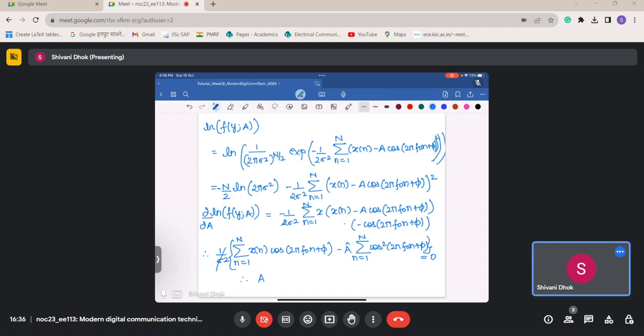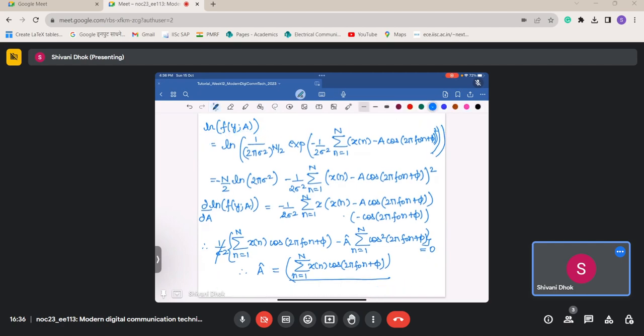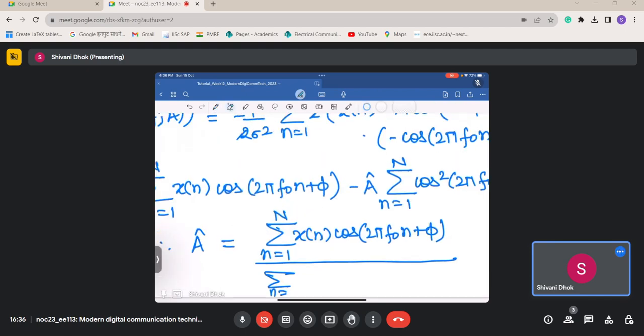So we have a hat is equal to summation n running from 1 to capital N xn cos(2 pi f naught n plus phi) whole divided by summation n equal to 1 to capital N cos square(2 pi f naught n plus phi).